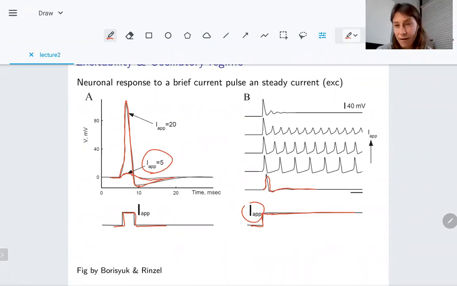And it remains there. But if we increase the value of the strength of the input, so if we increase the amplitude of the applied current, what happens is that now these action potentials keep appearing. So they keep repeating over and over. So what happens here is that the system has undergone a transition, actually a bifurcation.